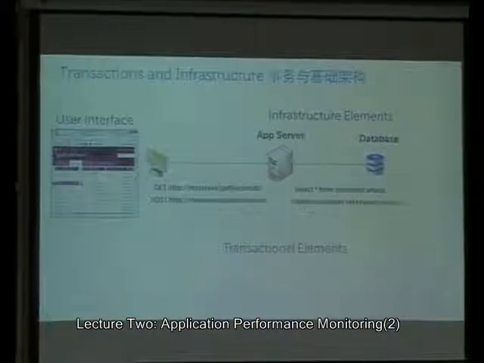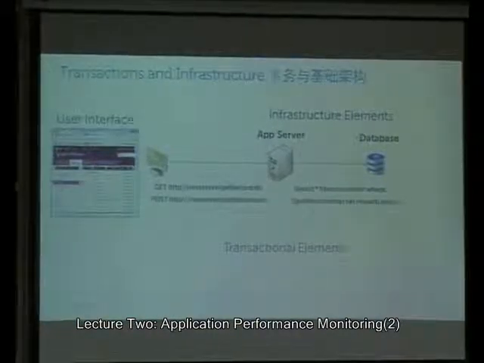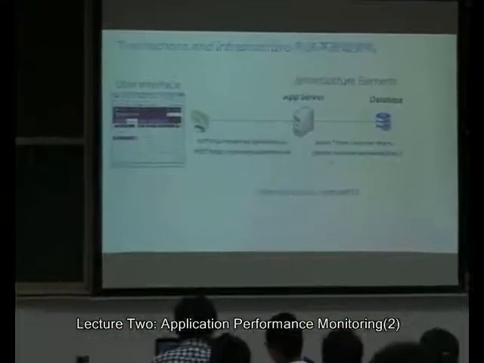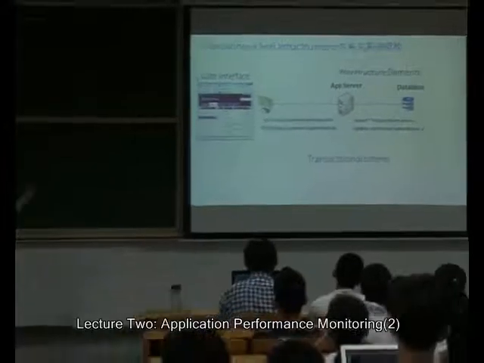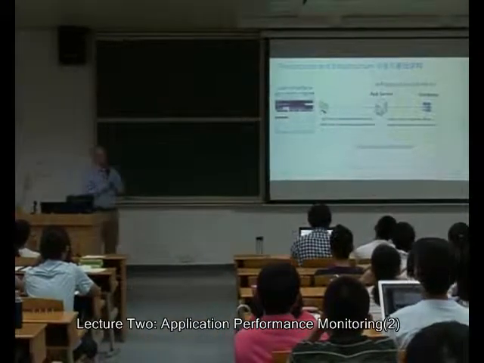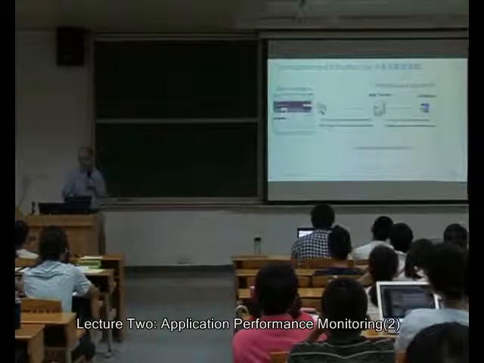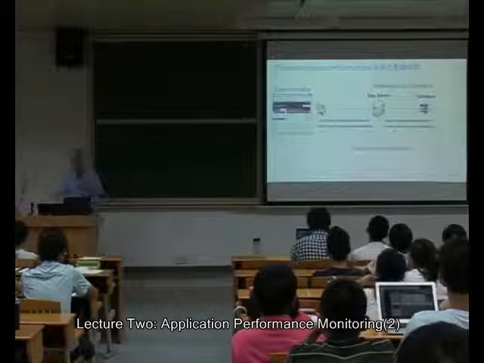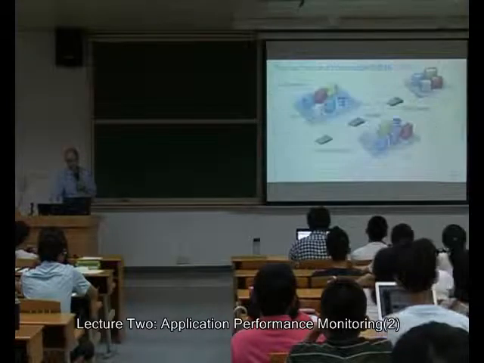And the SQL and the HTTP calls, those are transactional elements. They don't actually exist. They're not entities. They are transactions. They are the flow of the river, and the physical infrastructure is the shore. So the transactions are things that happen to your application, for lack of a better term.